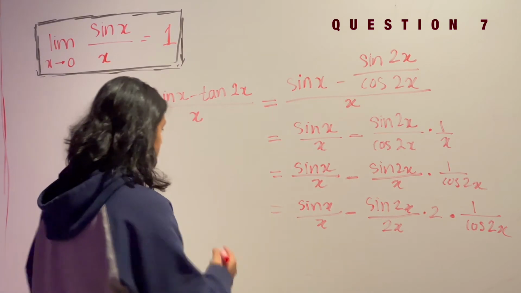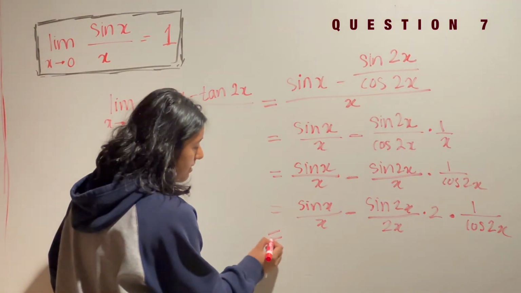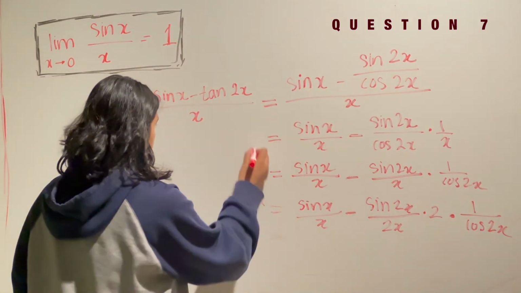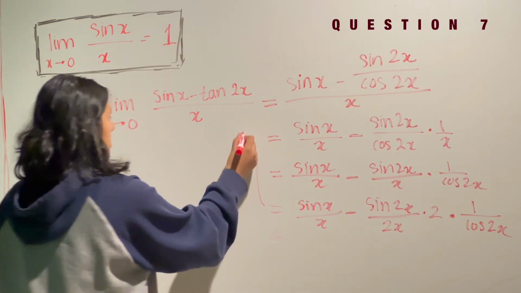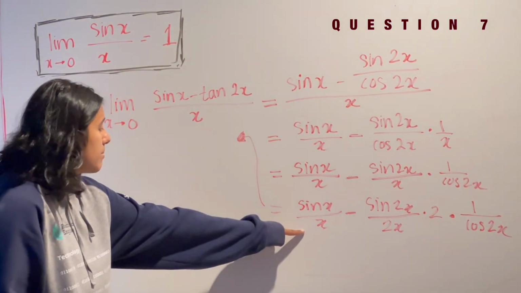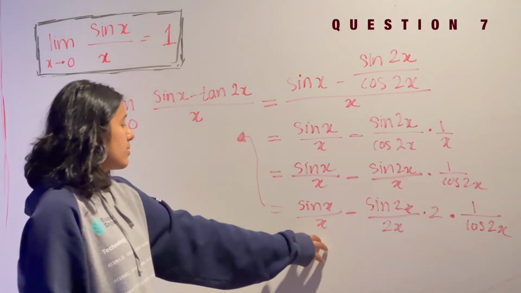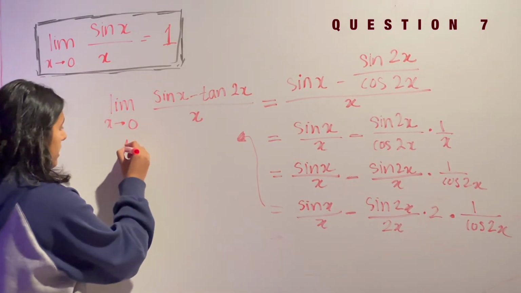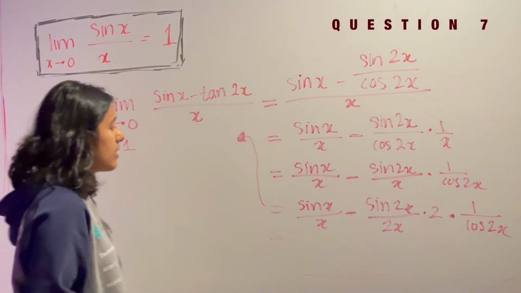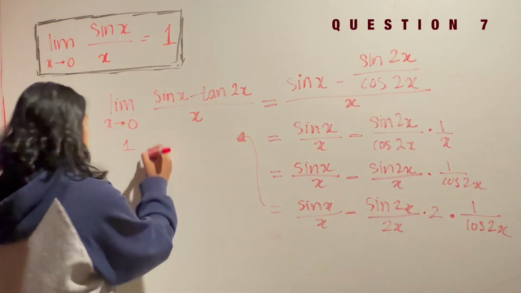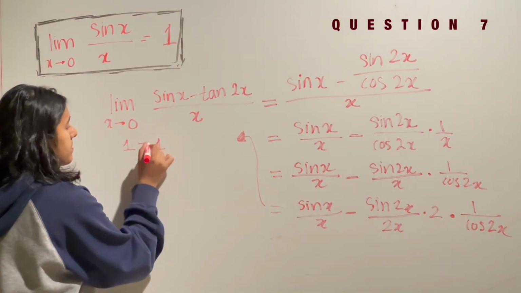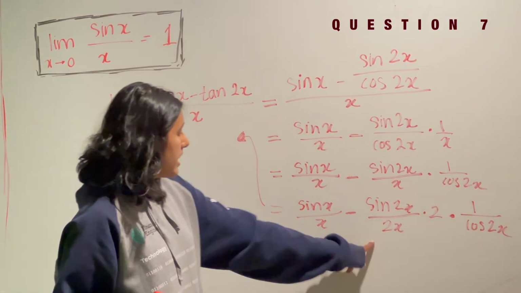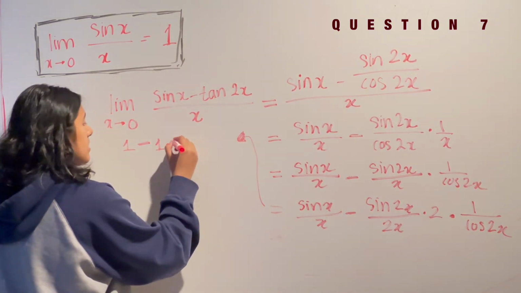Alright, so now let's move this over here. We know that the limit as x tends to 0 of this one is equal to 1. We know that this is also equal to 1. We could do minus 1 times 2.